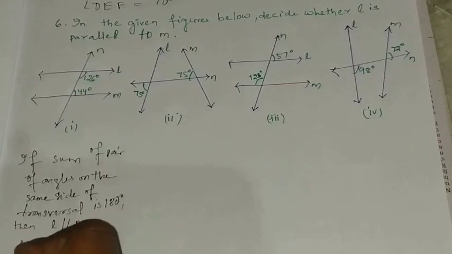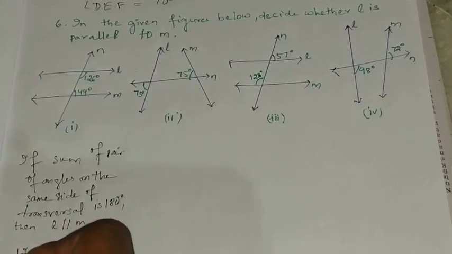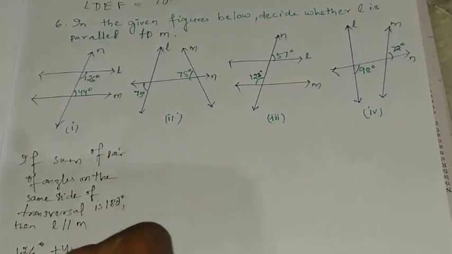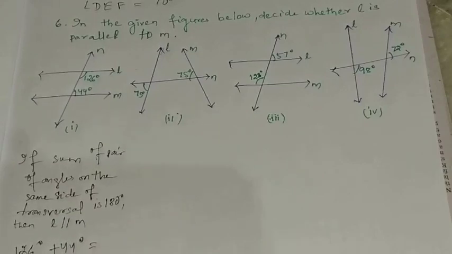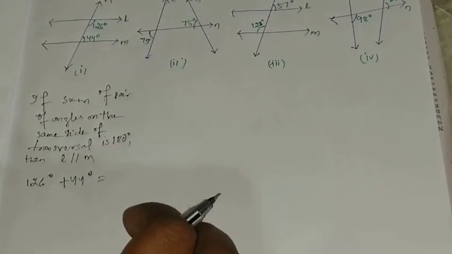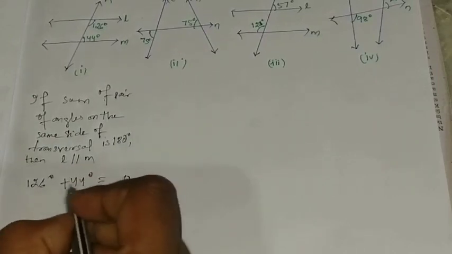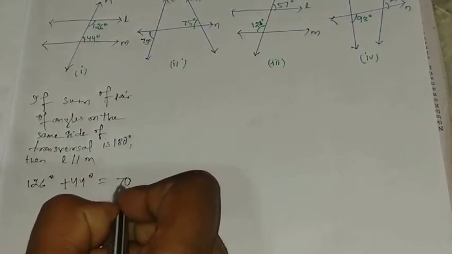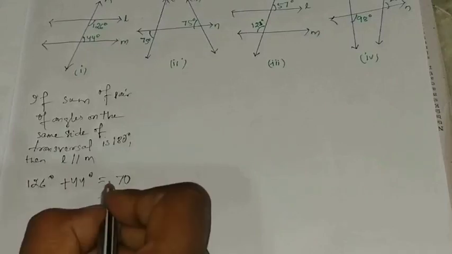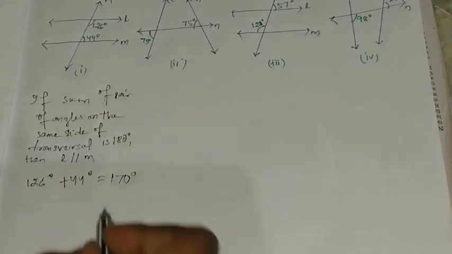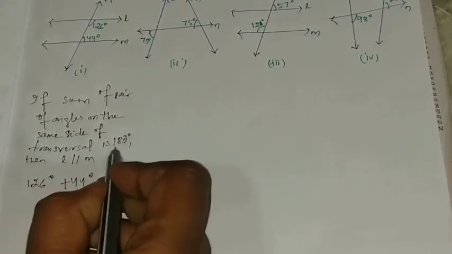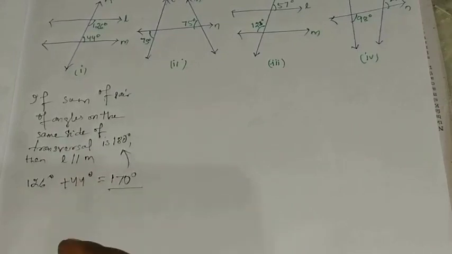Let's find the sum of these pairs. So 126 degree plus 44 degree equal to how much are you getting? 6 plus 4 is 10, carry 1, 2 plus 4 is 6, plus 1 is 7. So we get 170 degree. So this is not 180 degree.